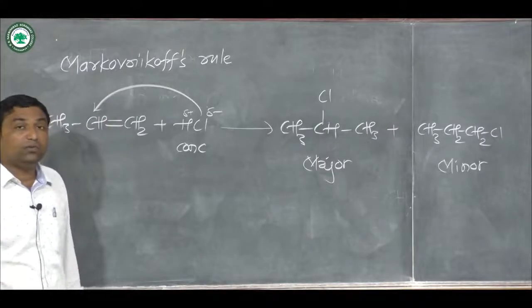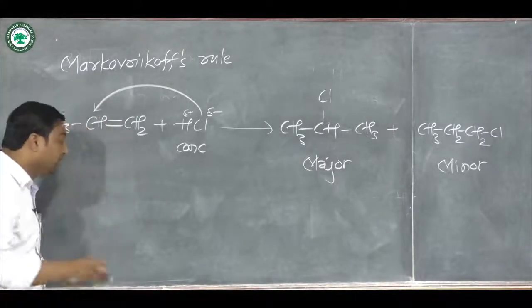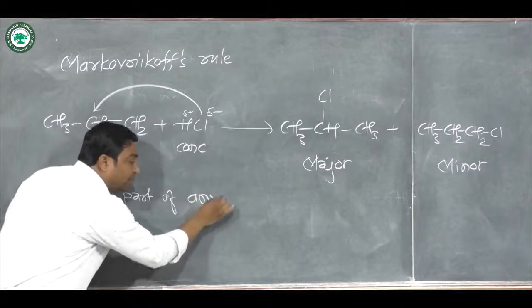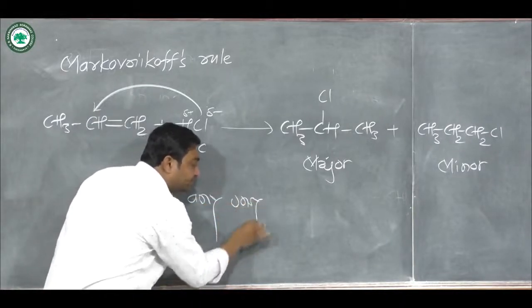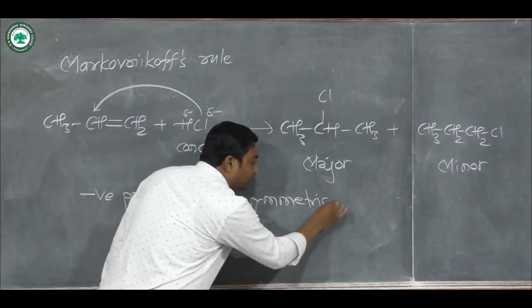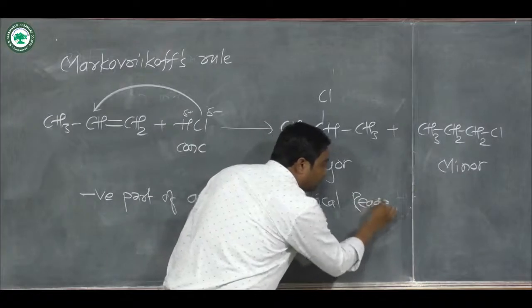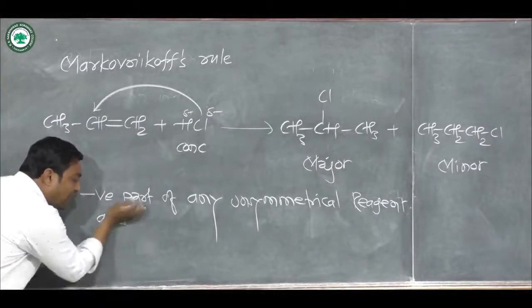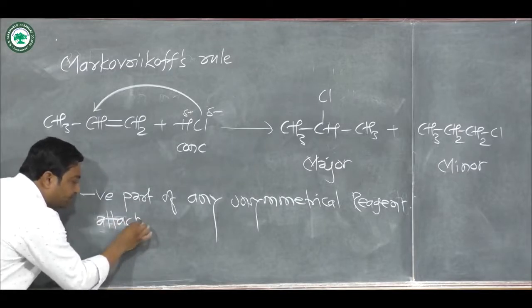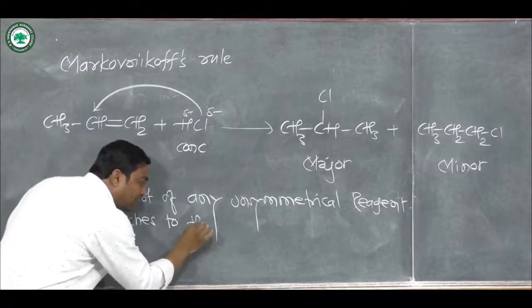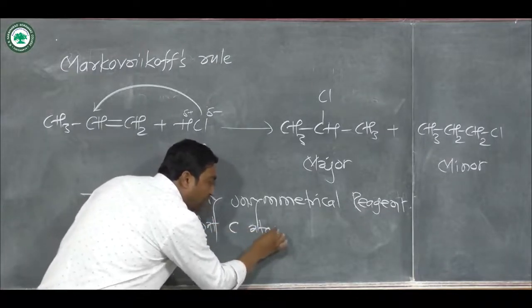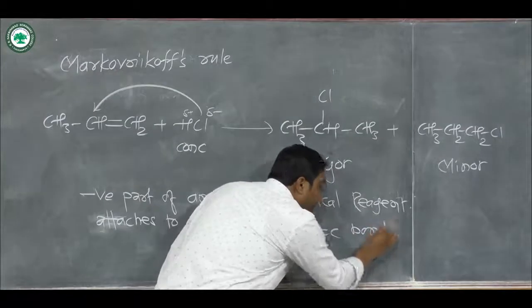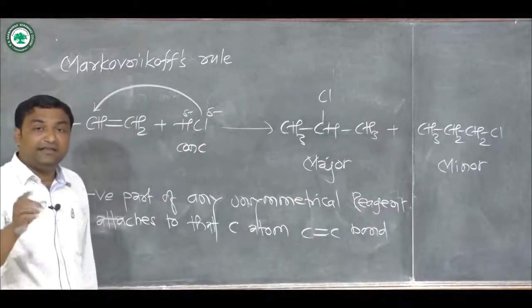Now, what is meant by Markovnikov's rule? Markovnikov's rule states that the negative part of any unsymmetrical reagent goes to, or attaches to, that carbon atom of the olefinic bond, that is the carbon-carbon double bond, which carries less hydrogen atoms.